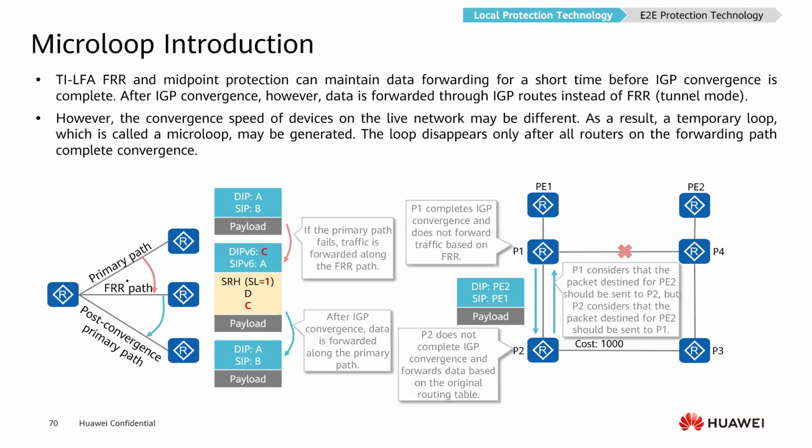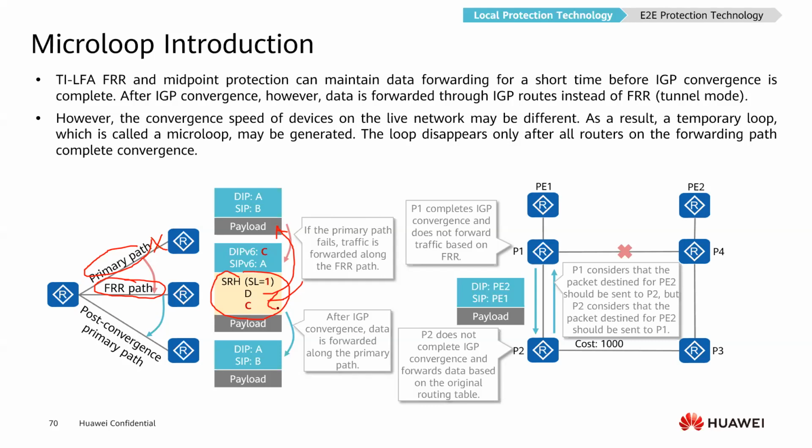First, I have a primary path, and if it fails, I will go to the FRR path. The FRR path will add an additional SRH header into the devices. During this time, since I have the SRH based on the TI-LFA, there's no loop, there's no micro loop.